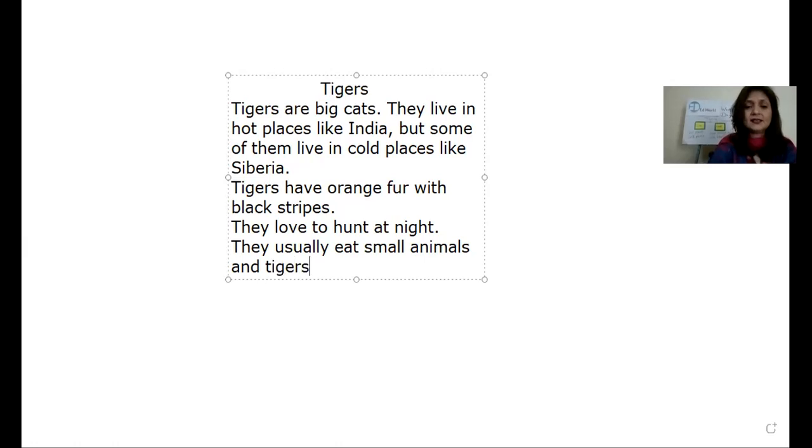Yes, tigers like to catch which animal? Deer. Right? Now this is your whole information. Tigers are big cats. They live in hot places like India, but some of them live in cold places like Siberia. Tigers have orange fur with black stripes. They love to hunt at night. They usually eat small animals, and tigers like to catch deer.